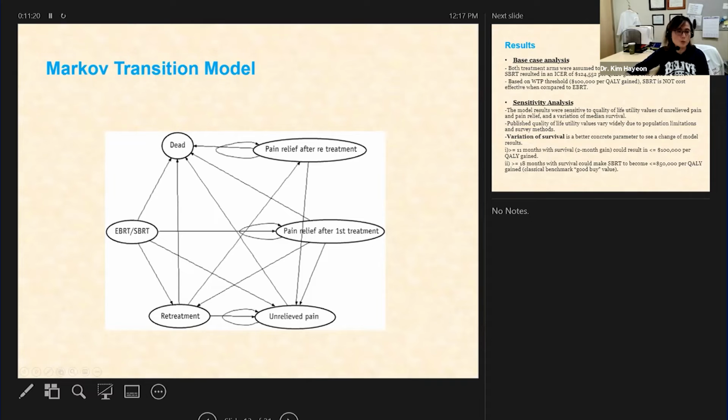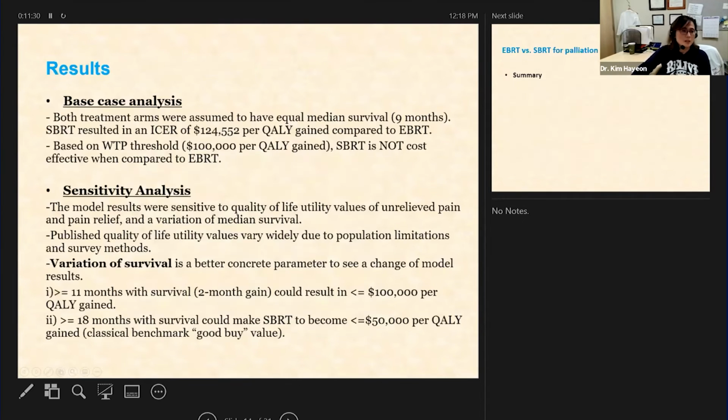Based on all the clinical parameters, we plug the probabilities into these arrows, and then we calculate the cost effectiveness. At that time, in 2015, we got the result that SBRT single fraction was not cost effective.